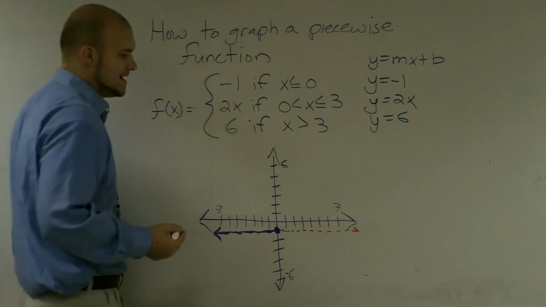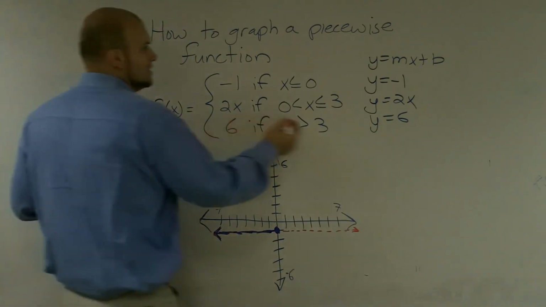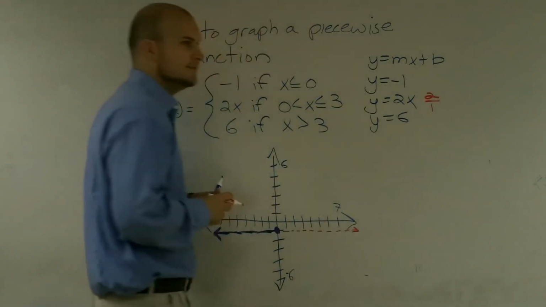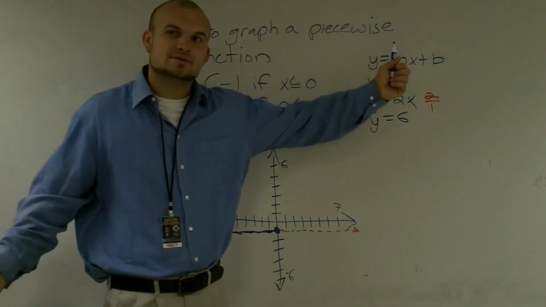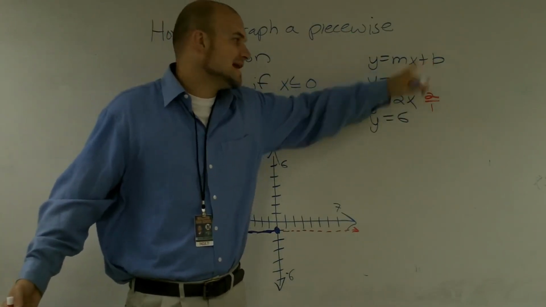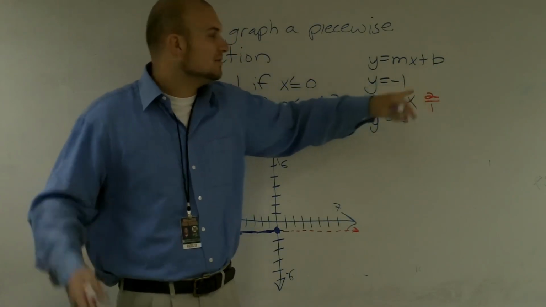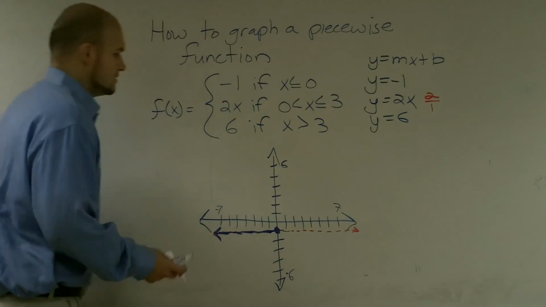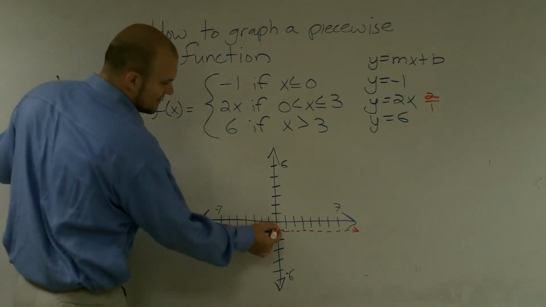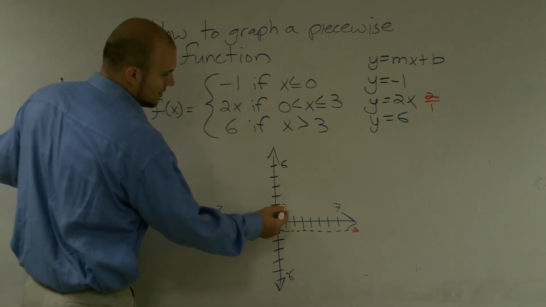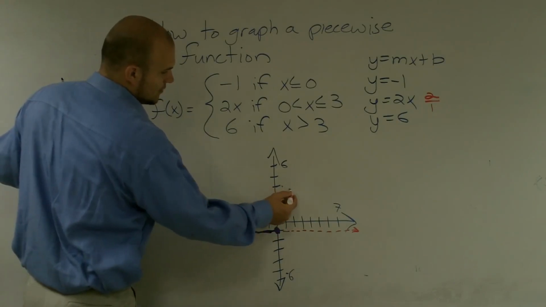Next point, y equals 2x. What does that graph look like? Well, I know that my slope now is 2/1, and I do not have a y-intercept. I'm sorry, my y-intercept is 0 since it's not labeled up there. So I do have a y-intercept at 0, but it's not shown in the equation, so therefore I know it's 0. So to graph it, if my slope is 2/1, that means I'm going to rise 2, over 1.